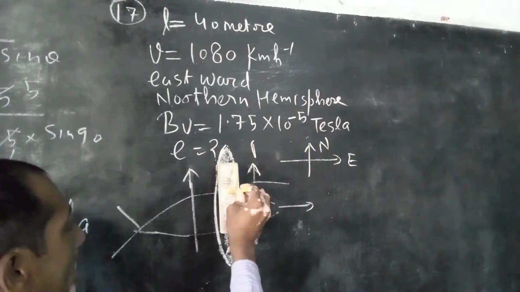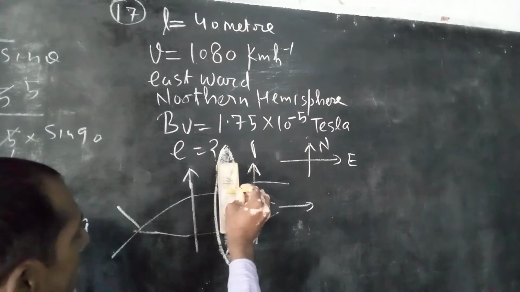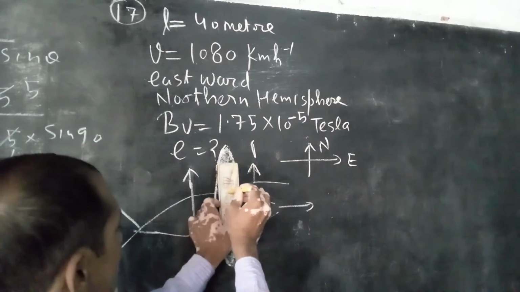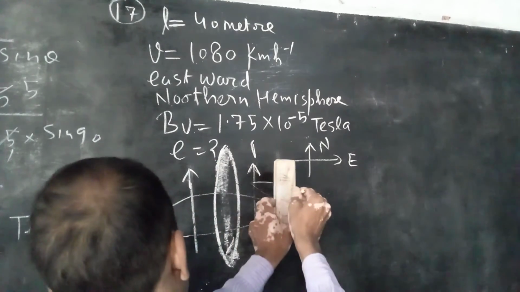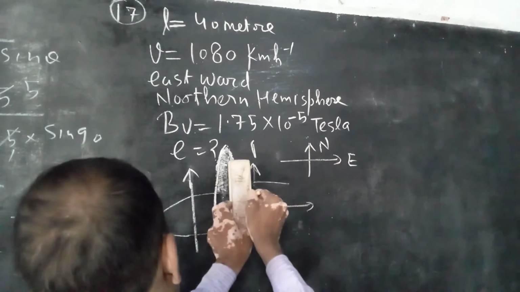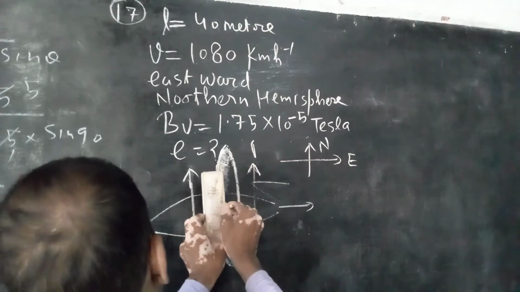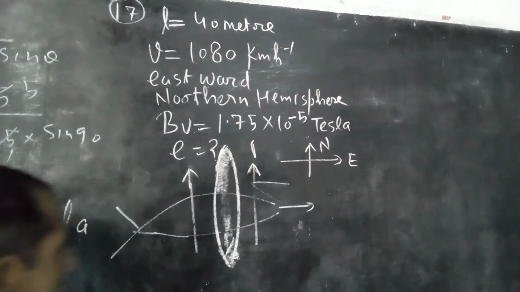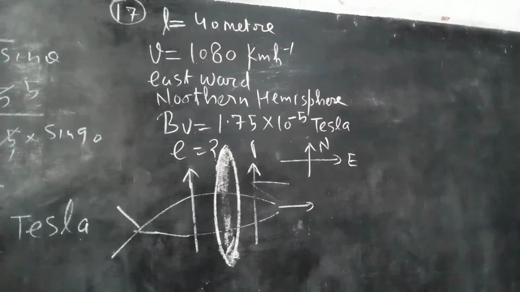Both are mutually perpendicular. So when these wings run in the east direction, they cut the vertical component of the magnetic field, and an induced electromotive force is set up. So we have to find the induced electromotive force.